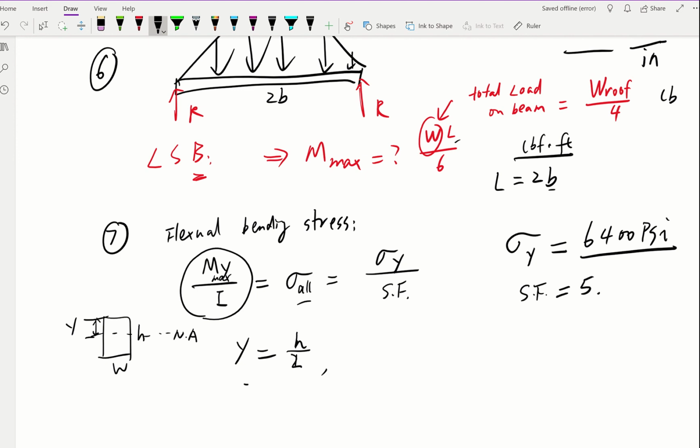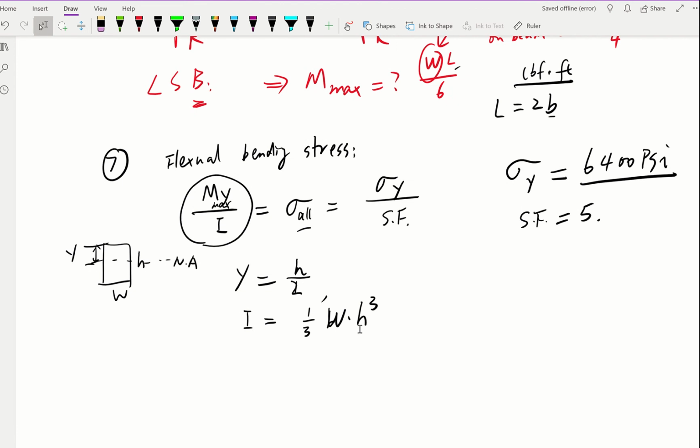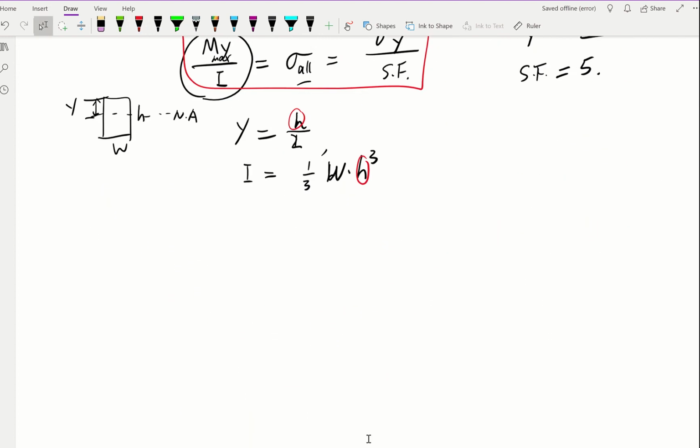And how about our I, moment of inertia? For rectangle, it's going to be what? 1/12 base times height cubed. So knowing that, the only unknown for this equation will be just H. And you can go ahead and solve that H right here.